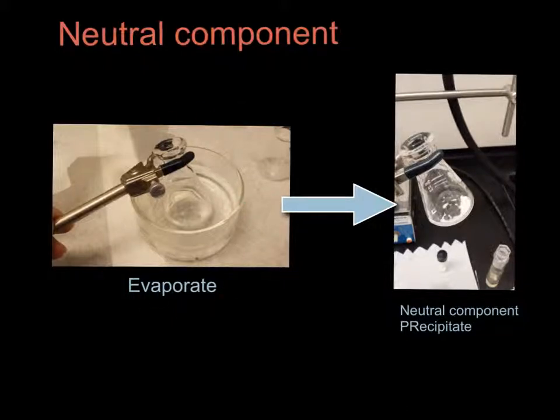Be careful to avoid the ether getting too hot, or it will catch on fire. Also, in the evaporation, the drying agent sodium sulfate was used to take up any water in the ether. At the end, I found my neutral component in my unknown. You can see some white precipitate in it.